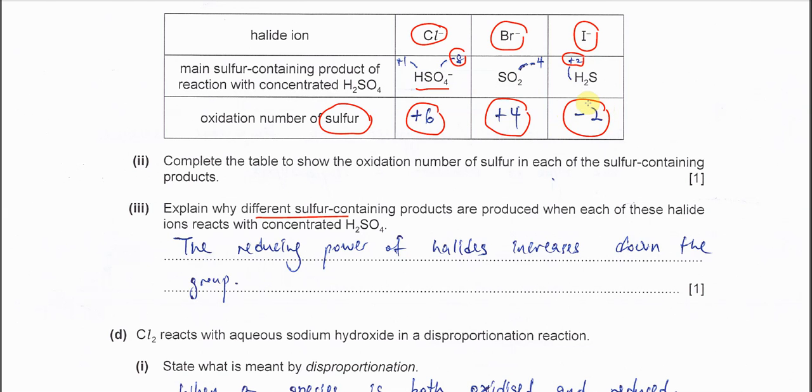So it's telling us that iodide is able to reduce the sulfur more than the others, because it can reduce the sulfur's oxidation number to -2. So the answer is very easy. The reducing power of the halides increases down the group. The iodide has greater reducing power because it can reduce the sulfur oxidation number lower. That's the reason.